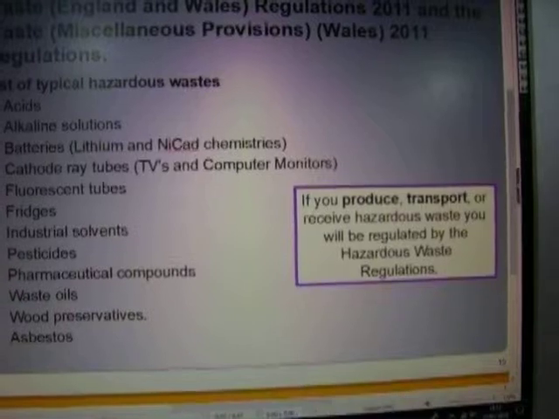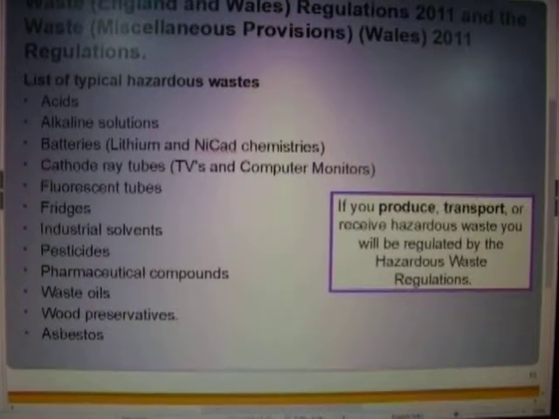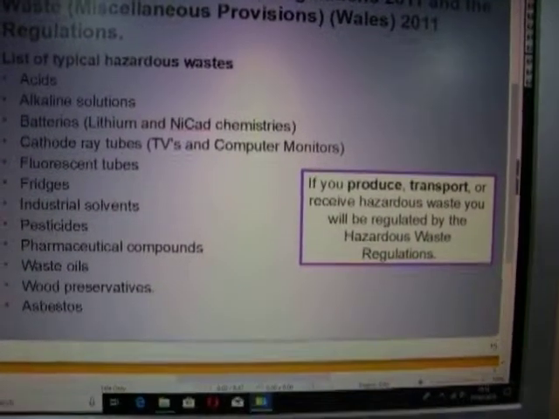Now again, bear in mind that this applies to the United Kingdom as a whole, okay?